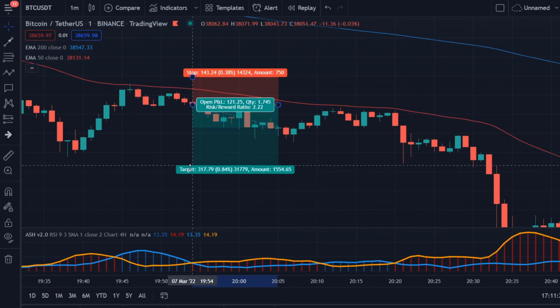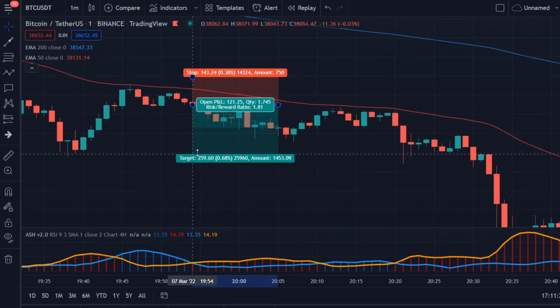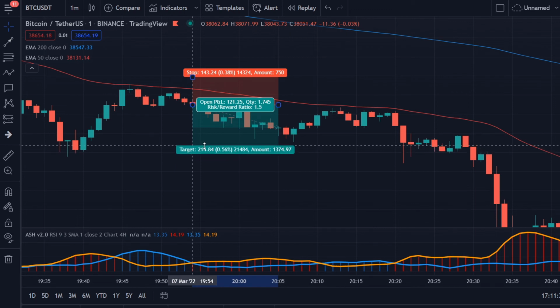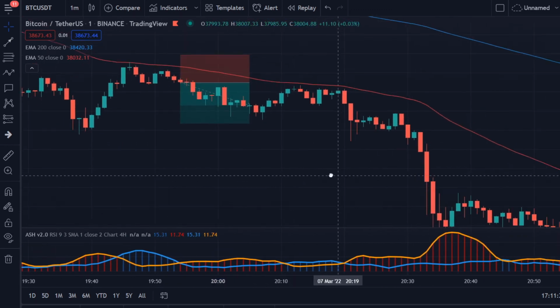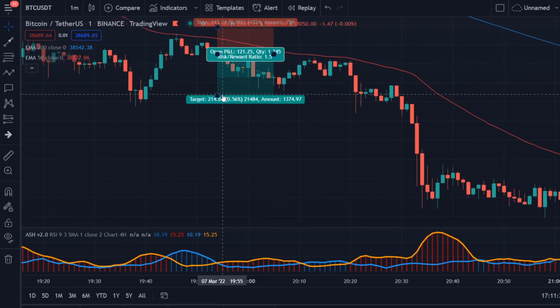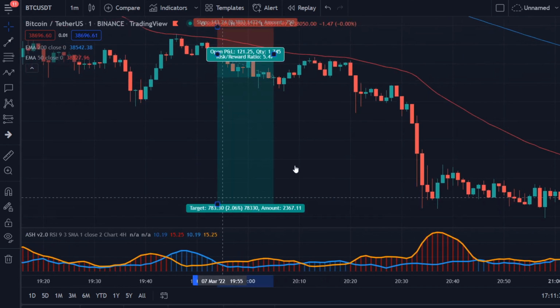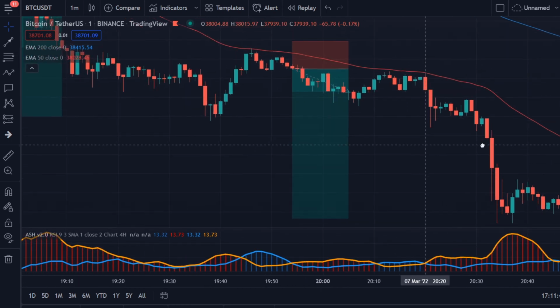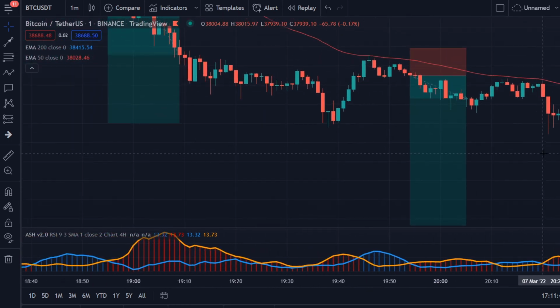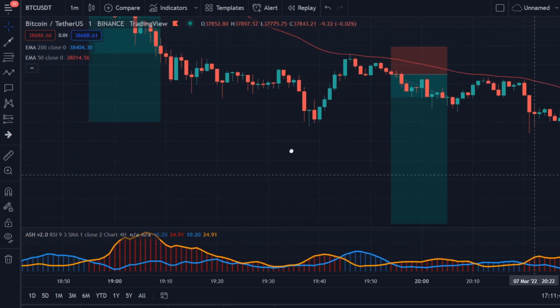And then we're aiming for a 1.5 to 1. That's about here. It was a nice trade, but as you can see, it even went lower. So this is a 5 to 1 risk reward ratio trade, which is really good, of course.